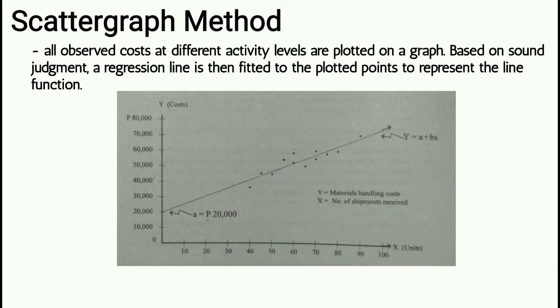As you can see, under this method, lahat ng points ay ginagraph sa Cartesian plane. All points will be graphed on Cartesian plane. And after that, based on sound judgment, a straight line is drawn.